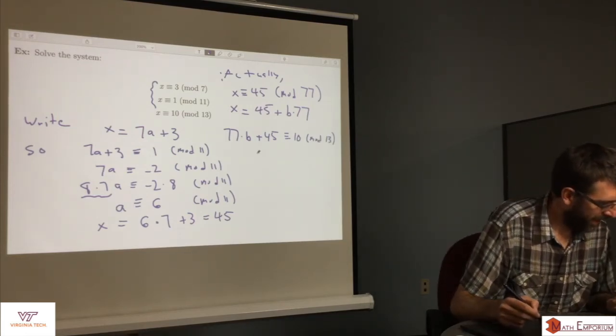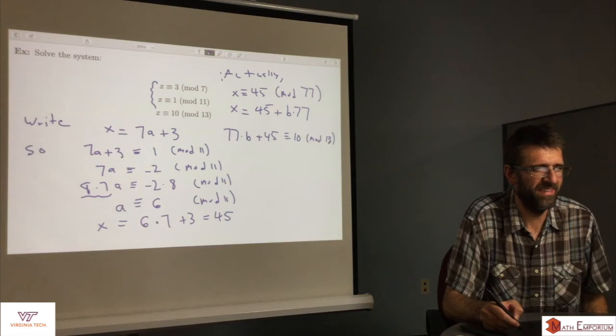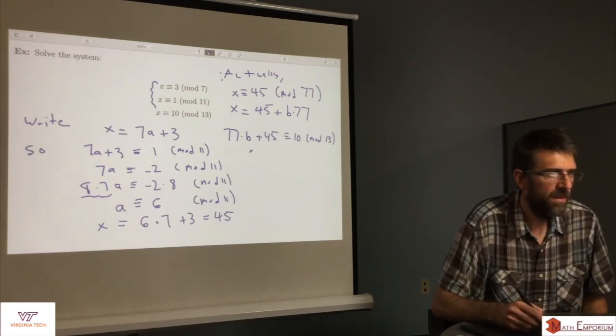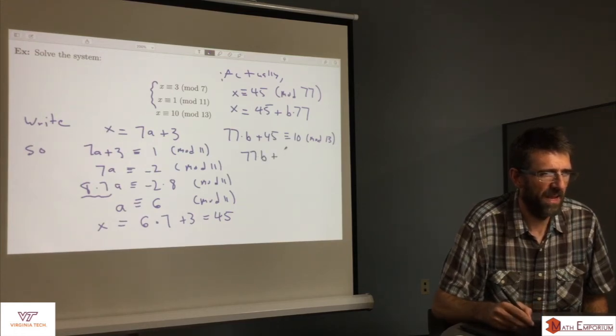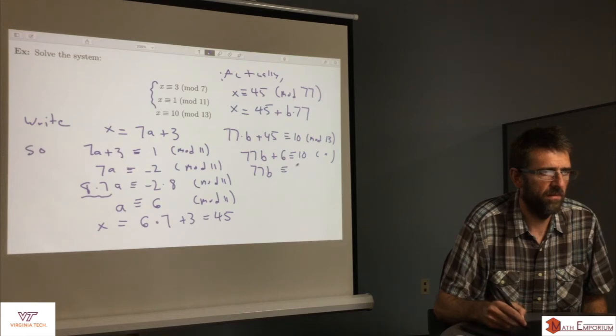And 45, as I noted, reduces to 6 mod 13, so let me take care of this constant term first before I worry about anything else. So 77b is congruent to 4 mod 13.